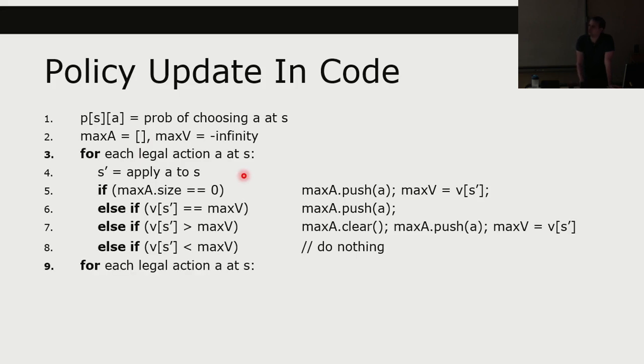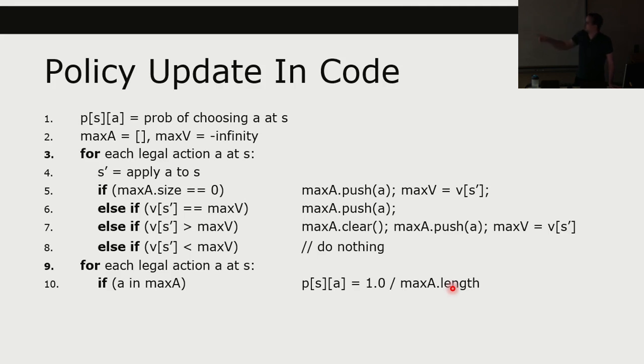So I have to update the policy to point toward all of the things that give me the maximum. So for each legal action A at S, if A is in the maximums, then the probability that I should do A is 1 divided by the number of maximums, right? So if there are two maximums, if up and down both give me the maximum value, then I should go up with equal probability of going down.